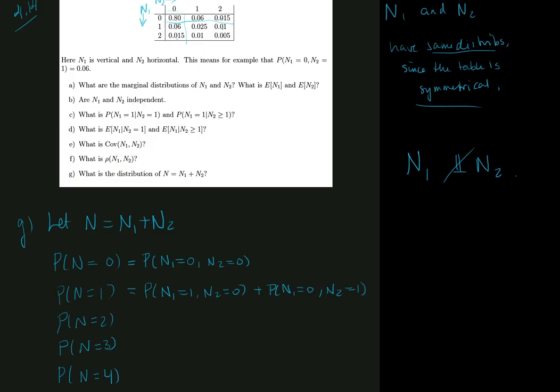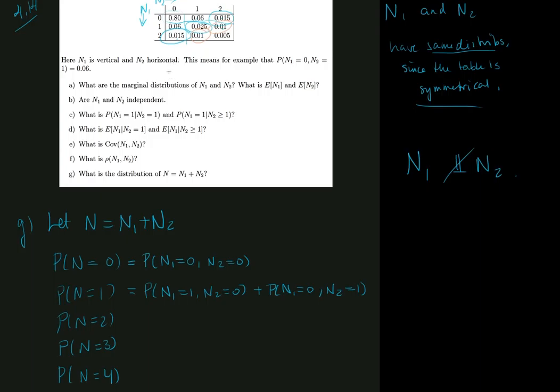And so this calculation continues, because for the probability of N being equal to 2, we see that happens for this case, and this case. Hence, the probability that N is equal to 2 is equal to the sum of these three probabilities. And the probability that N is equal to 3 is given by the sum of these two probabilities, and so on.